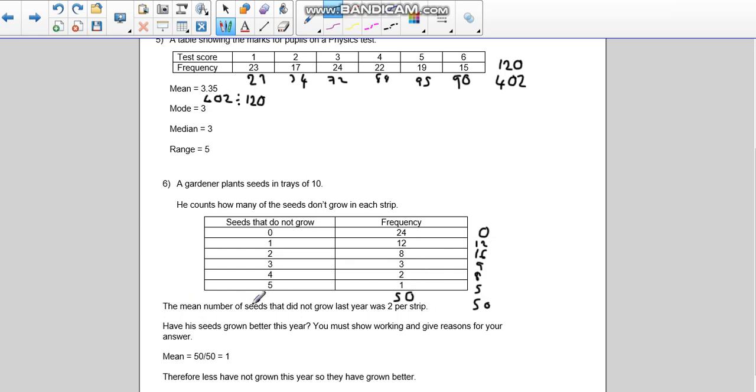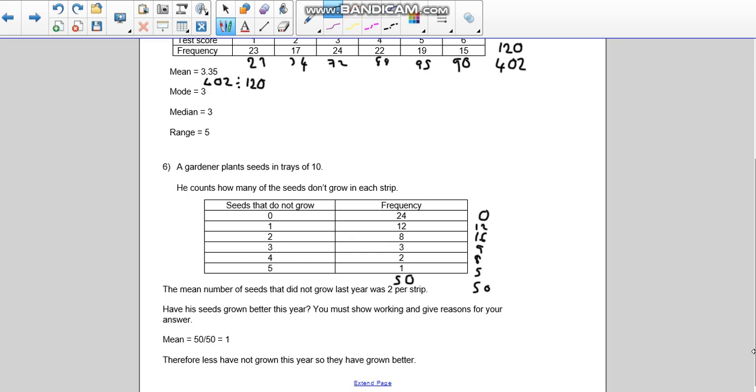It says the mean number of seeds that did not grow last year was 2 per strip. Have his seeds grown better this year? You must show your working and give reasons for your answer. So the mean is 50 divided by 50, which gives 1. So last year it was 2 that didn't grow, this year it's only 1 per strip. Therefore, less have not grown, so that means more have grown, so they're doing better.